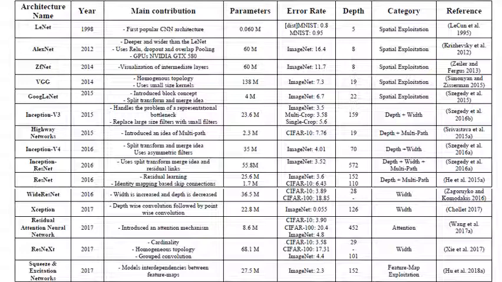I extracted a comparison table from the survey paper for your reference. This paper has listed the most popular CNN models and summarized their main contribution, also the parameter size, the error rate on ImageNet or CIFAR, and the depth of each layer.